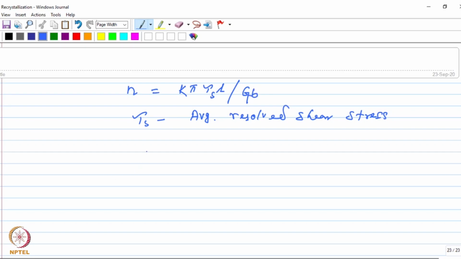So you can say that a pile-up of n dislocations is equivalent to a dislocation of strength nb.